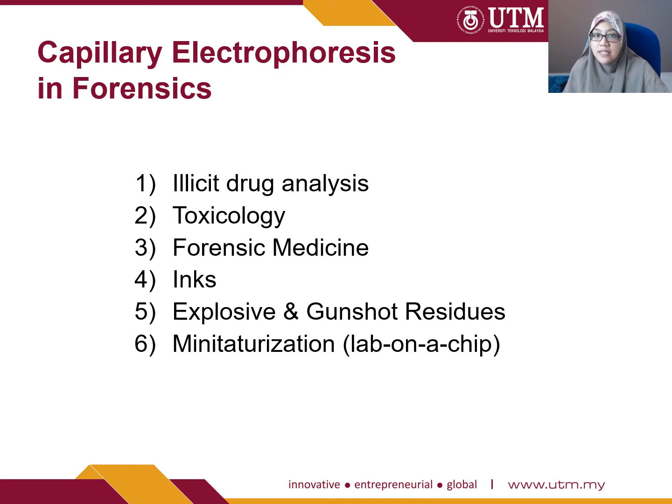Next one is inks. Usually they use CE in document analysis. Of course, as you know, inks are very complex mixtures of colorants, vehicles, and additives that can produce the desired color to write on papers.